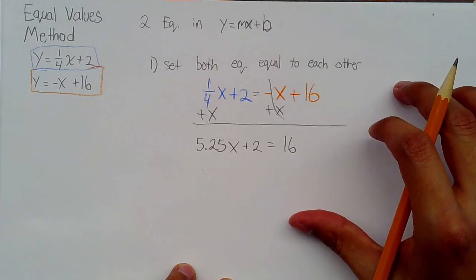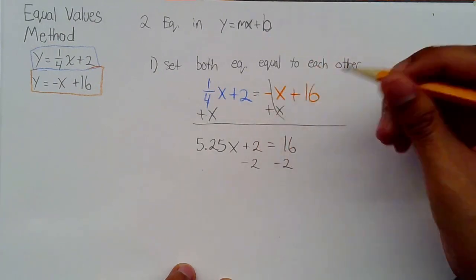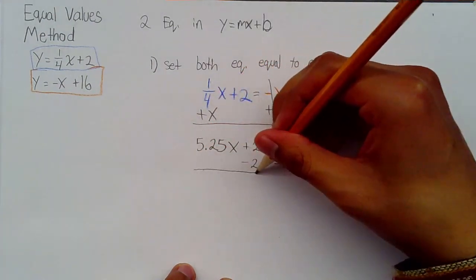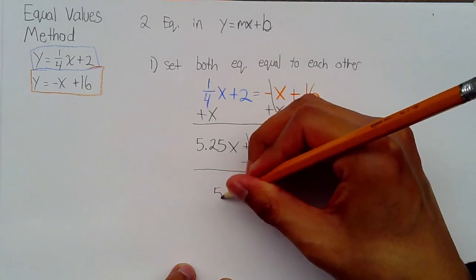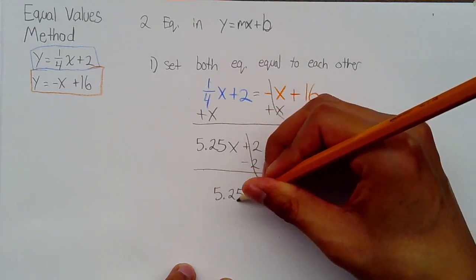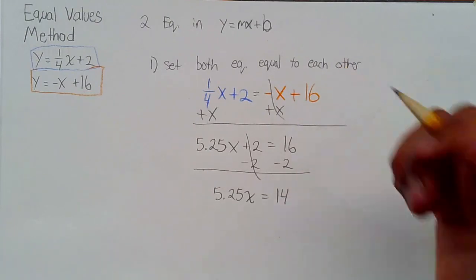And then from here, I'm going to go ahead and just subtract that 2 over. This positive 2 and negative 2 will cancel out, and then I'll be left with 5.25x is equal to 14.